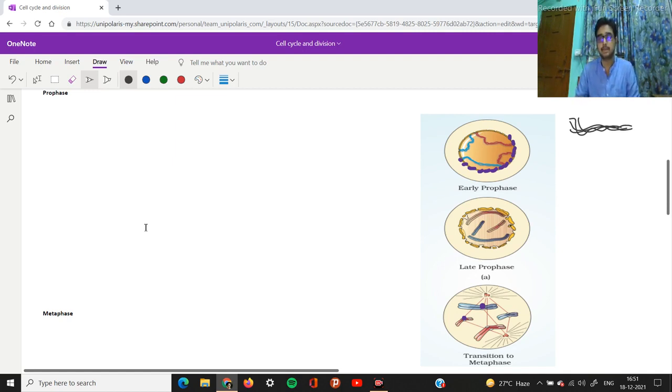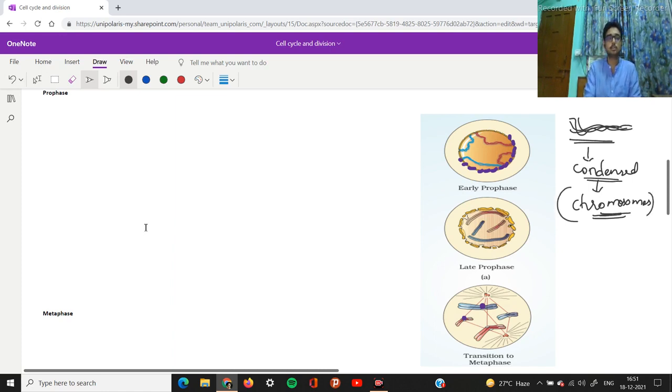And now it is important that these chromatin fibers are condensed to form chromosomes. So it is very important that this chromatin material condenses and forms chromosomes. So what happens in prophase? Chromatin condensation takes place.